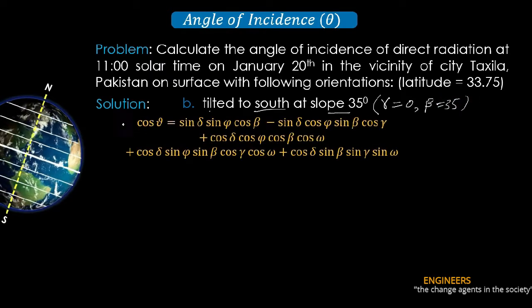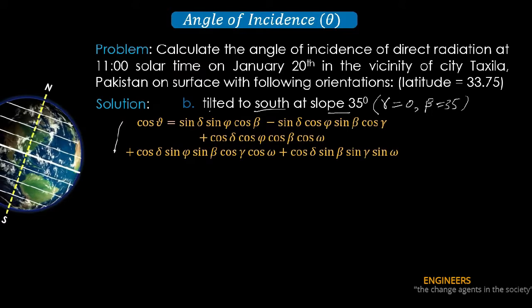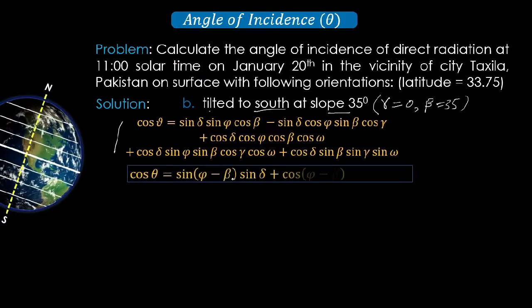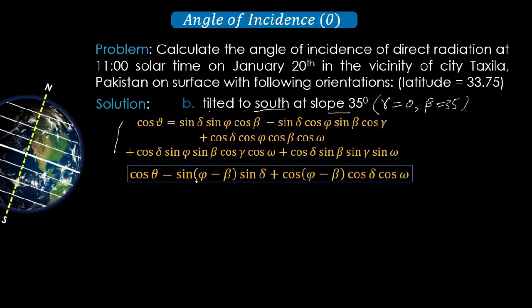Here instead of using the general expression, we would be using the modified expression where we require the value of phi, the latitude, that is 33.75, and the value of beta, that is 35 degrees. Here we have to calculate the value of declination, the tilt of the earth on that specific day, and the value of omega for 11 am.